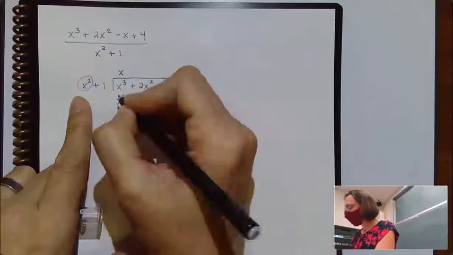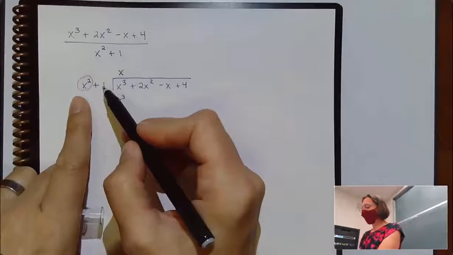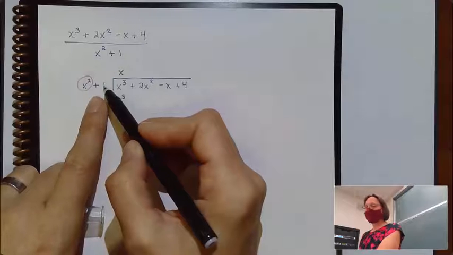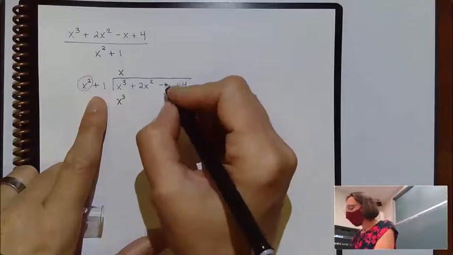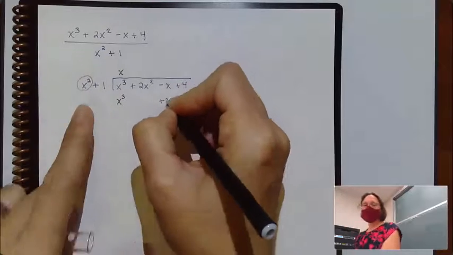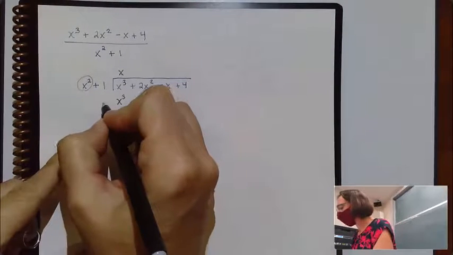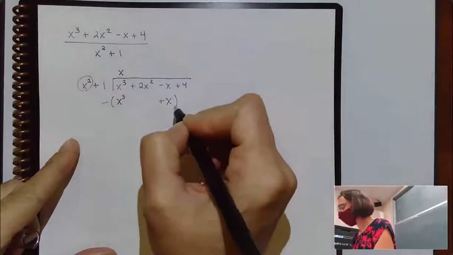And then I'm going to be careful about lining things up here because I also have x times 1, which is going to give me a positive x, but I'm going to choose to write that directly underneath my x so that when I go to do the subtraction, I'm subtracting like terms.